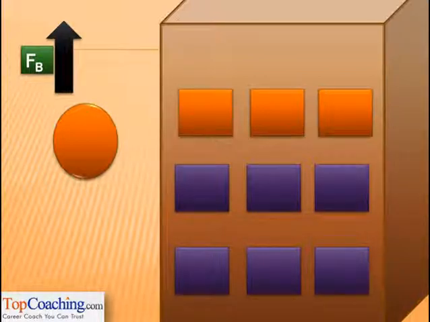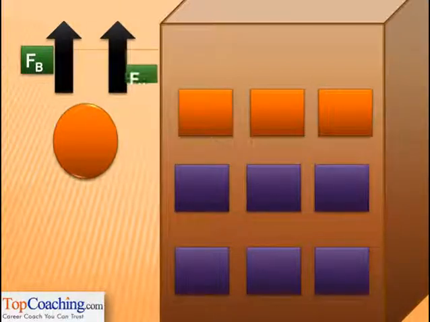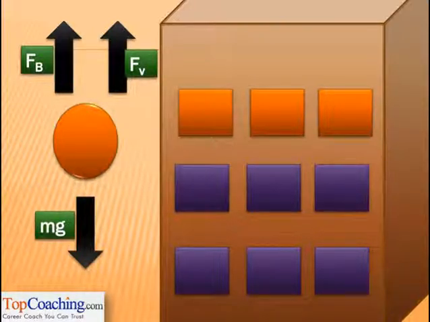The buoyant force is a force that acts on any body immersed in a fluid. We will learn more about buoyant force in the chapter Fluid Mechanics. So the buoyant force acts on the ball. The viscous force acts on the ball upwards, since the ball is moving downwards. The gravitational force, of course, acts on the ball.